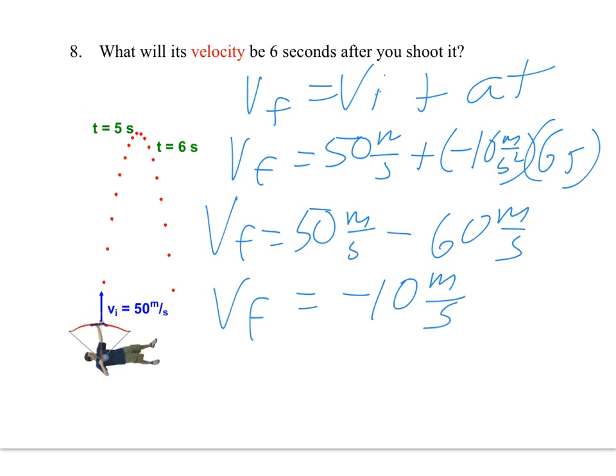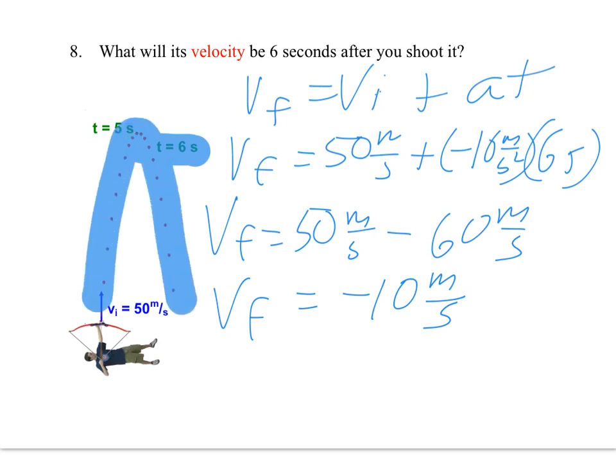The fact that this final speed has a negative sign in front of it tells us that the arrow is now on its way down. And if we look here where times 6 is, you can kind of see we've traced out the path of the arc of the arrow, and now we're past that peak height. The nice part is that the sign of our answer tells us the direction as well as the magnitude.